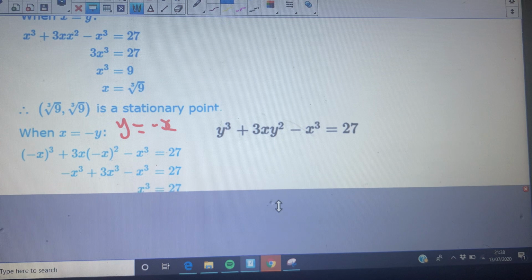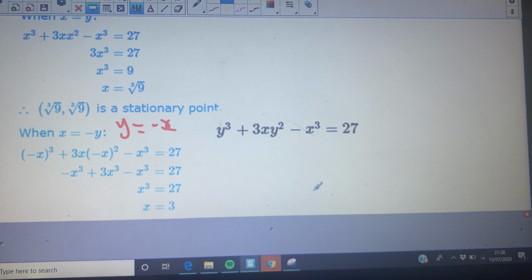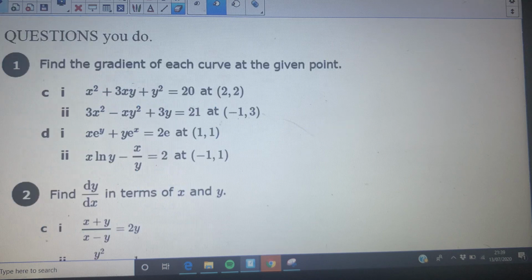So when you gather those together, you end up with x cubed is 27, so x is 3. And of course, this is when x is minus y, or y is minus x, so y will be minus 3. That did feel like a huge question. So, but break it down and follow the logical processes.